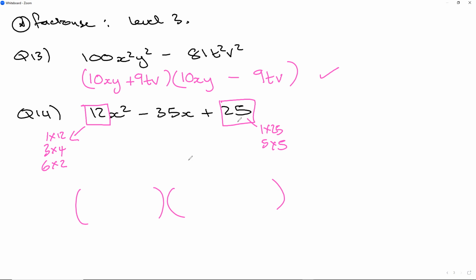I like to use a method where you start using trial and error sometimes, and also another method where I use this cross arrangement and cross multiply them. So I'm going to start with the trial and error method. Method number one, I'm going to jump in, but intelligently I'm going to guess, because the middle term is 35, it's not too extreme.